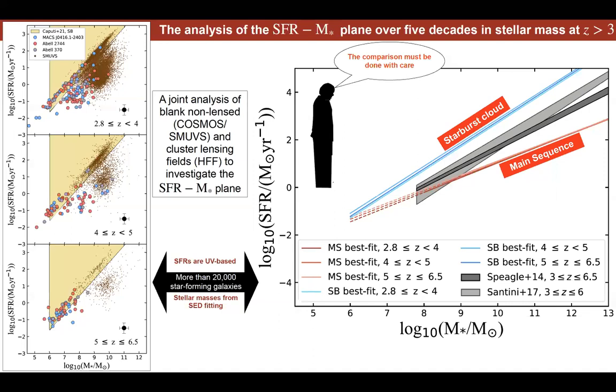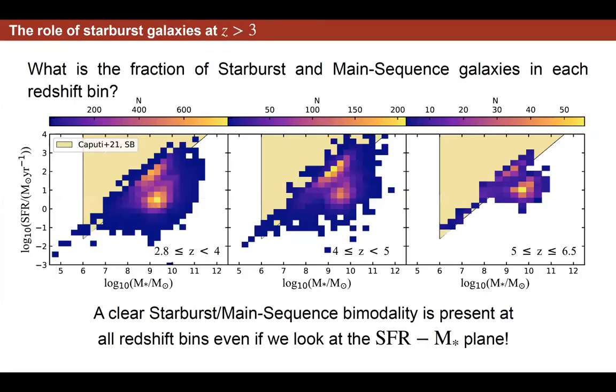So as you can see here, the literature falls in between our best fits. So any conclusion here must be drawn with care. So we need to understand if we can apply this separation also in the past literature and see what happens. Then we ask ourselves, what is the fraction of starburst and main sequence galaxies in each redshift bin?